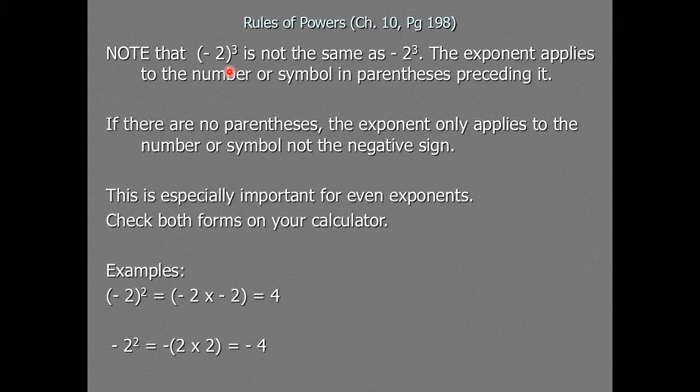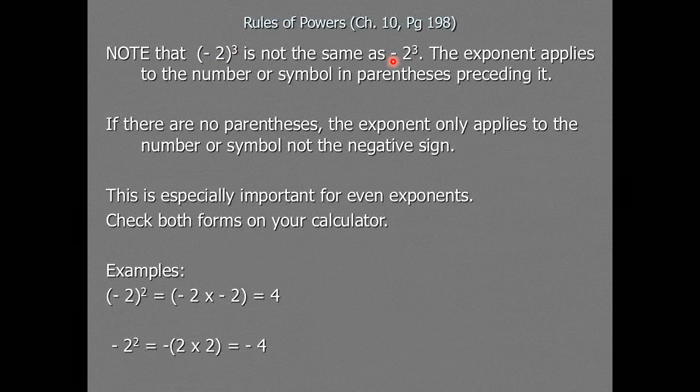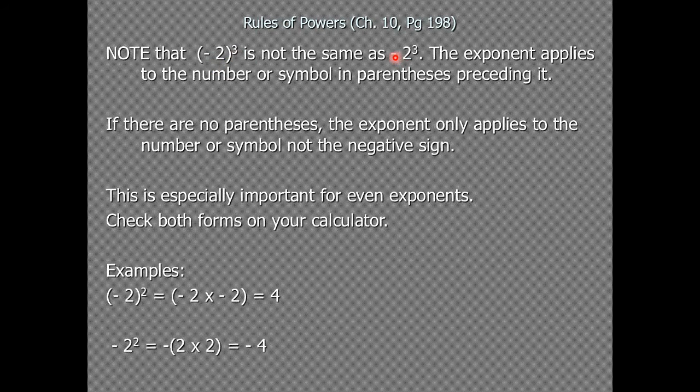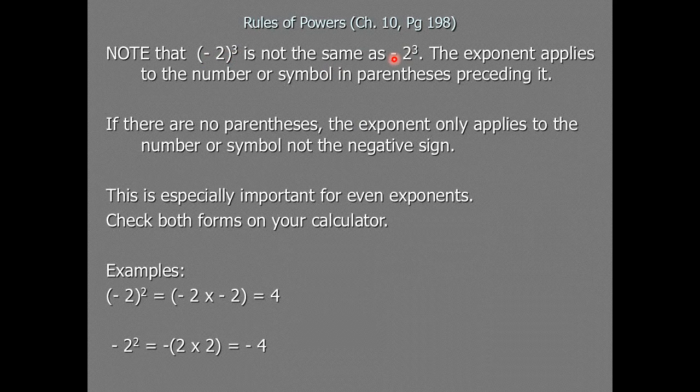For an example, this number here is actually negative 2 to the power cube. That means the negative is included in the power. But look at this one here. The negative sign is not included in the power. So there are differences between this and this, okay? So the exponent here is applied to the negative sign, but the exponent here is not applied to the negative sign. Now how does it make it different?